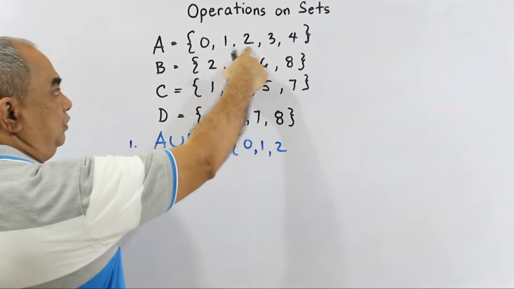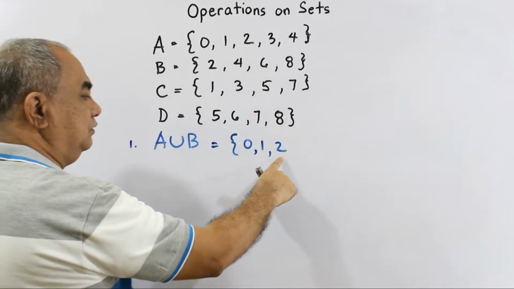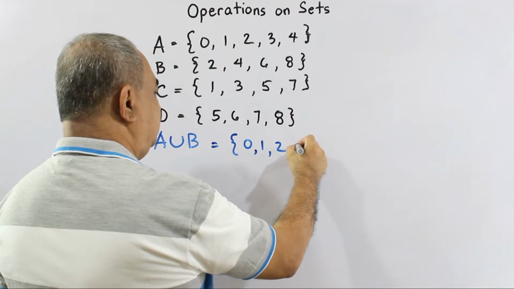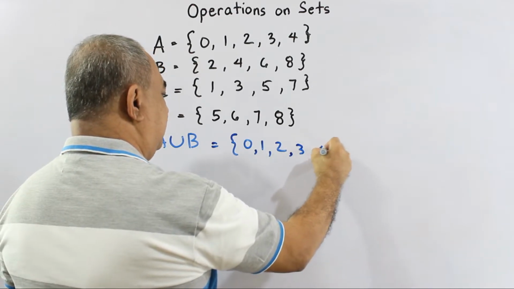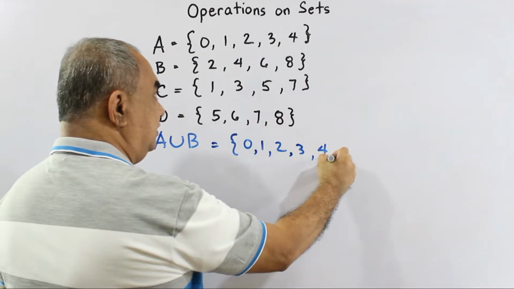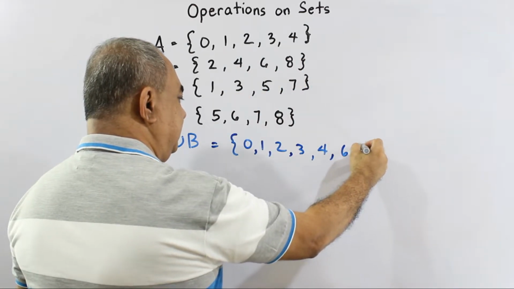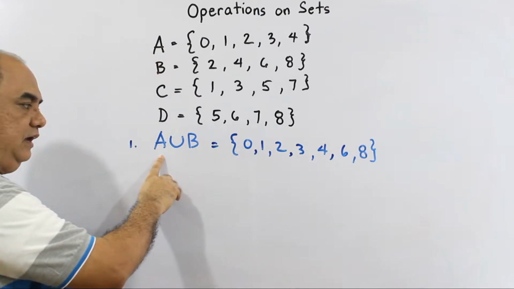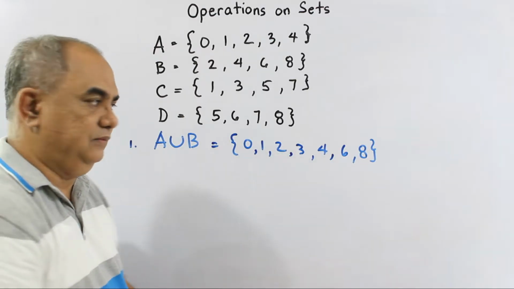As you can see, we have 2 2's here, but we're going to write 2 only once. We have 3, 4. Again, we have 2 4's here, so we're going to write it once. 6 and 8. So these are now the elements of set A union with set B.